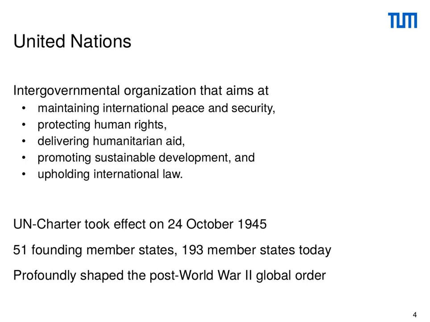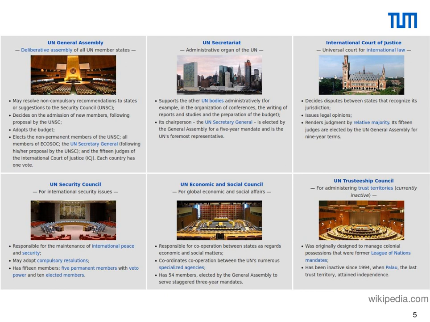And the United Nations consists of 5 principal organs. The sixth one that you can see in the lower right corner here, the UN Trusteeship Council, has suspended operations in 1994.